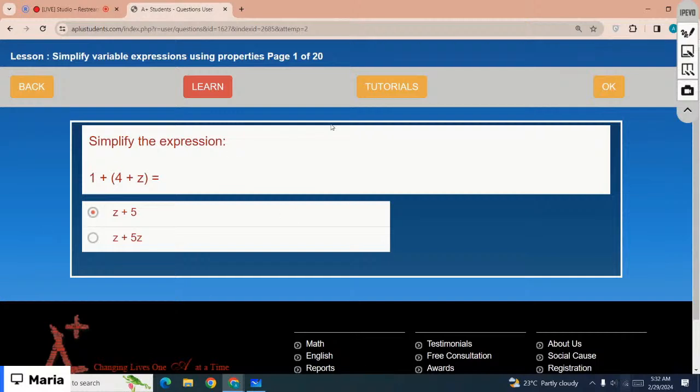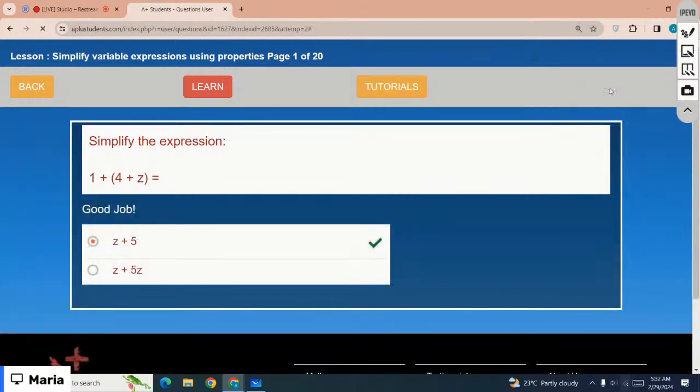Option number 1 is the correct option. Basically, you have to apply the associative property here, right?